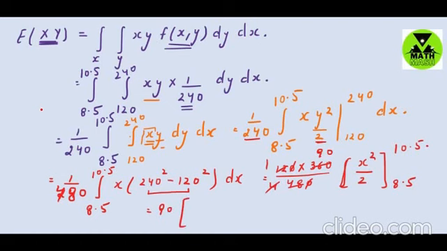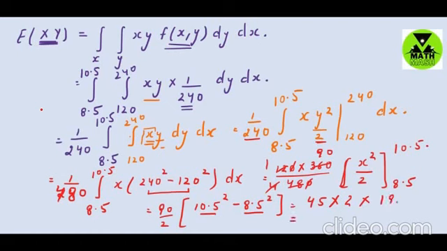When we substitute x equals 10.5, we can use 10.5 square minus 8.5 square, and the 2 outside of this, so this equals 45 multiplied by a square minus b square again. So a minus b is 10.5 minus 8.5, that is 2, and a plus b is 10.5 plus 8.5, it is 19.